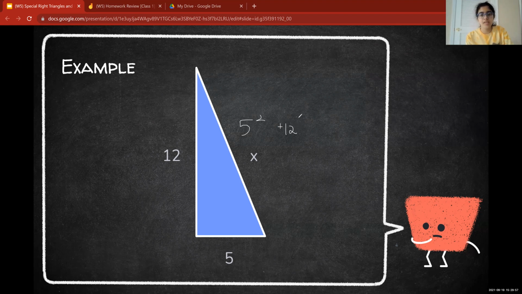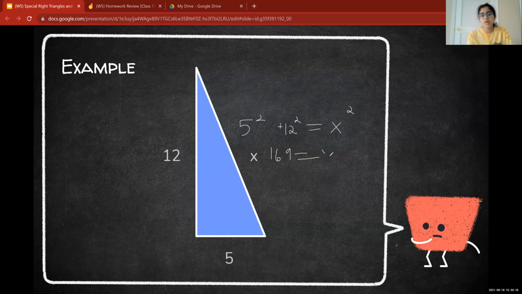We're just setting up an equation with the given information, and that is that the hypotenuse squared is equal to the leg squared plus the other leg squared, right? So we get 25 plus 144, and we get 169, right, is equal to x squared.